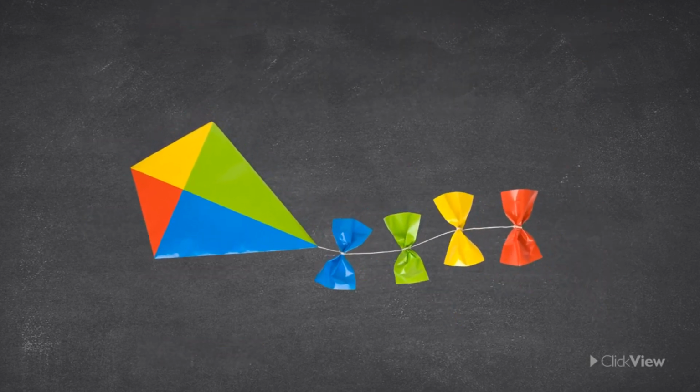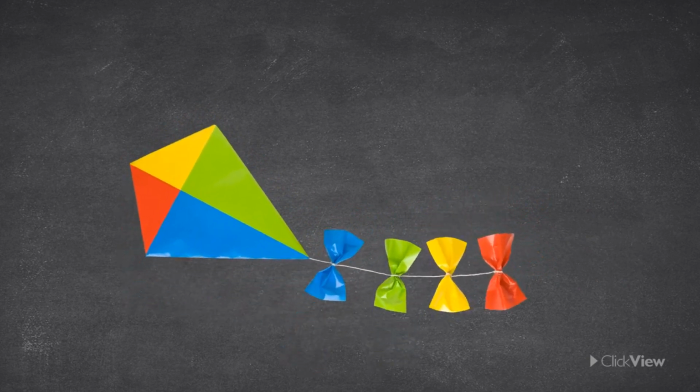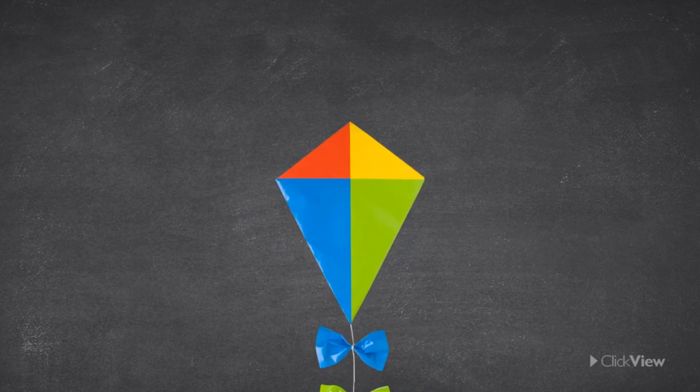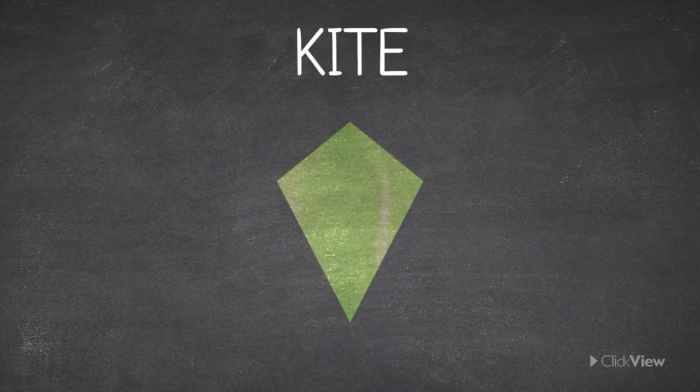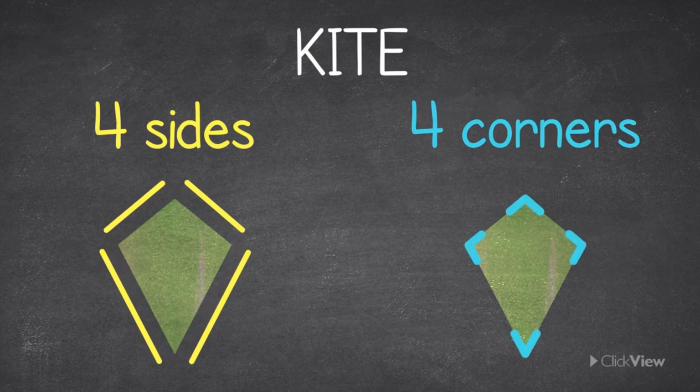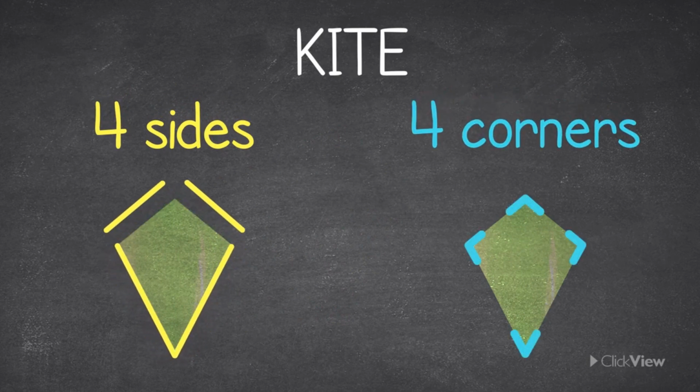If you've ever flown a kite before, this shape might look very familiar to you. The name of this shape is, you guessed it, a kite. It still has four sides and four corners and has two pairs of sides that are the same length.